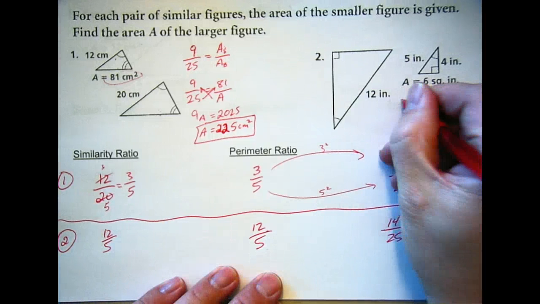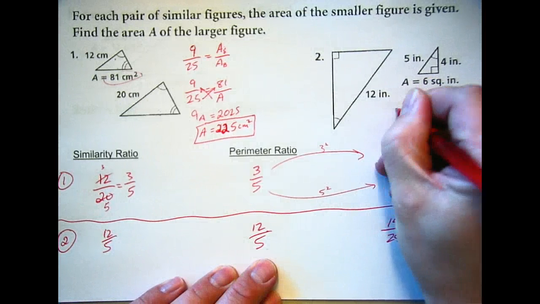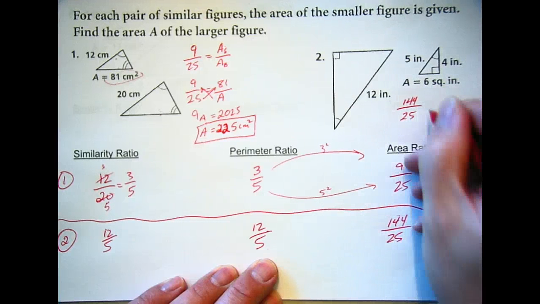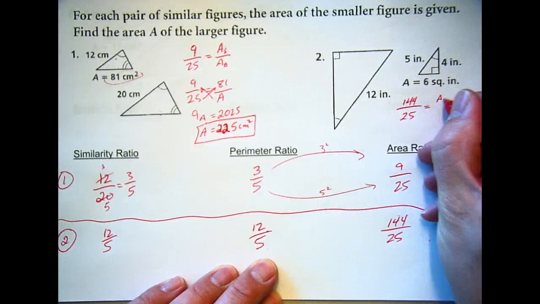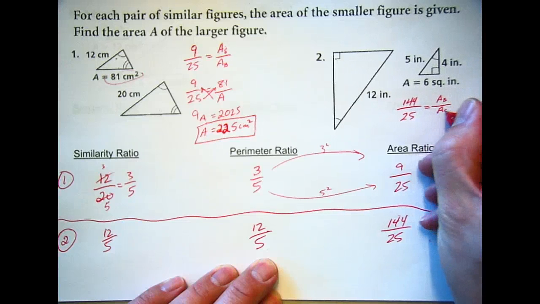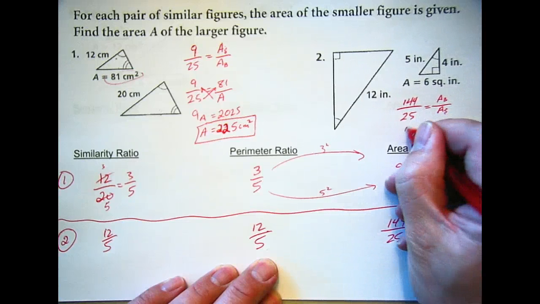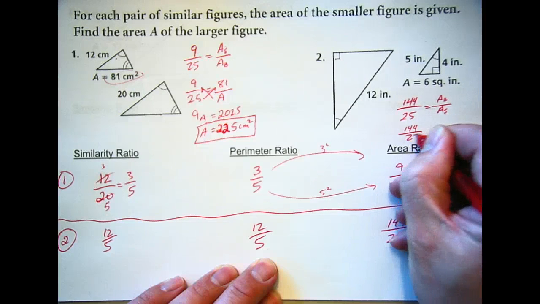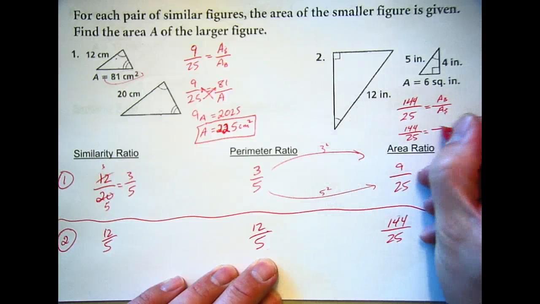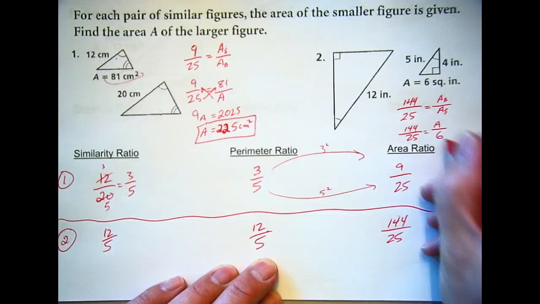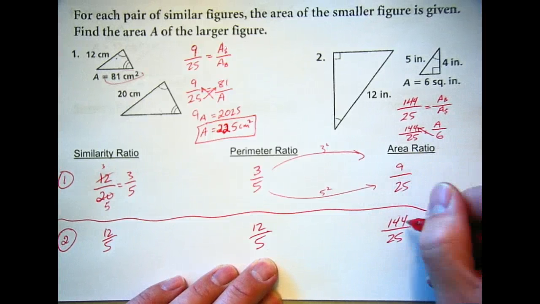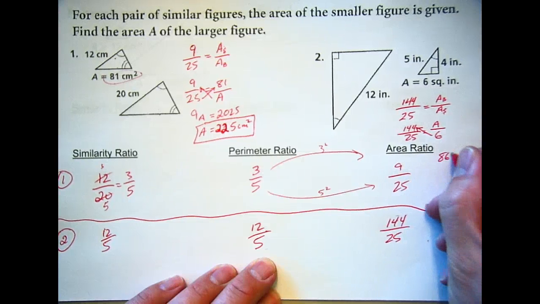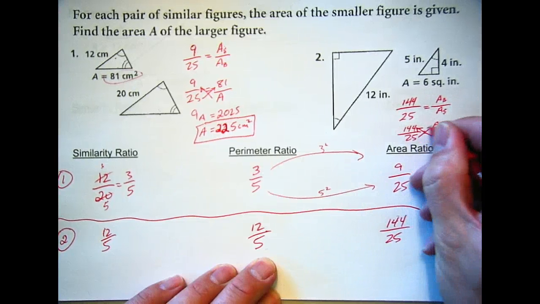Okay, let's check it out. 144 over 25. Our area ratio is equal to area of big this time over area of small. So in this case, 144 over 25. Area of big we don't know. Area of small is 6. Cross multiply. What's 6 times 144? 864 equals 25A.